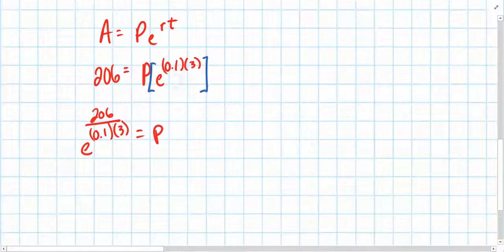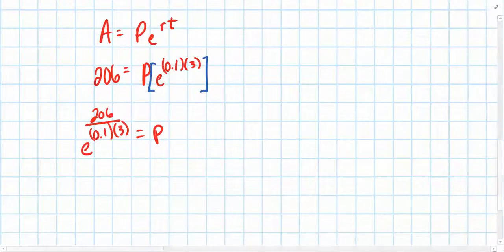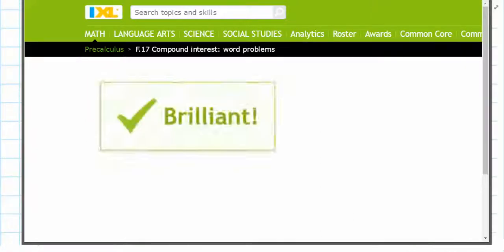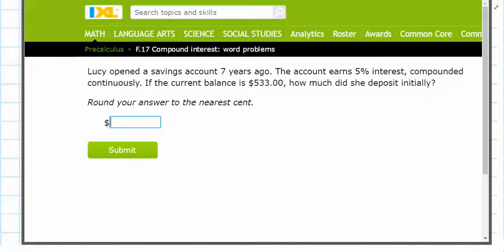Well, again, the number inside these blue brackets is just a number, so we could divide both sides by that number, and that leaves us with P. This expression in the calculator gives us a result of $152.61. So I'll keep moving on until I find another different style of problem.